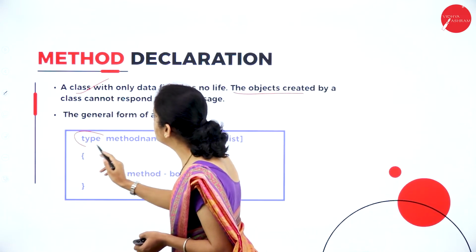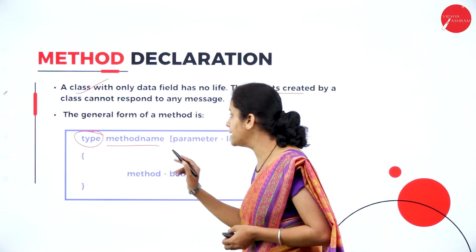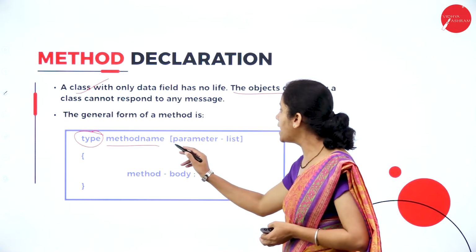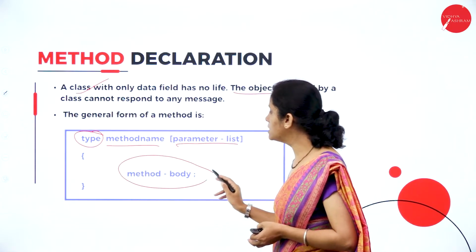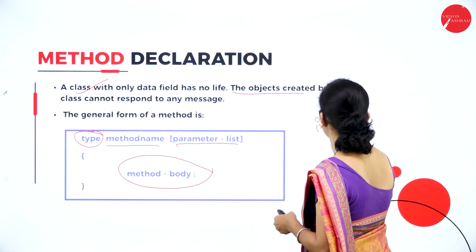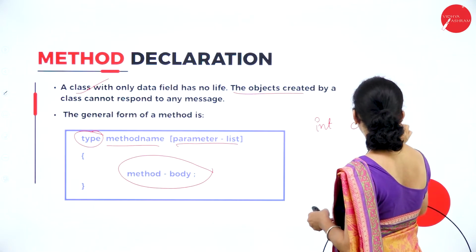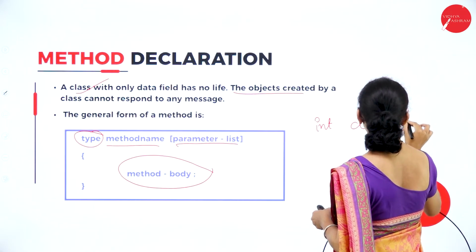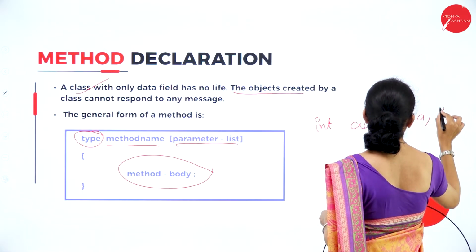I want to specify the return type, then I want to specify the method name, and I want to write the parameter list. Now I have the method body. For example, int is my return type and add is my method name, and it's going to have two variables, say A and B.